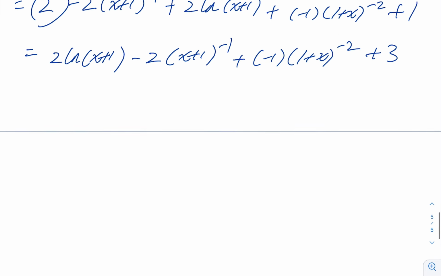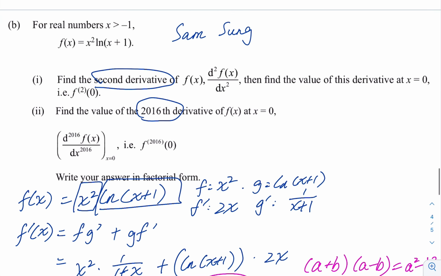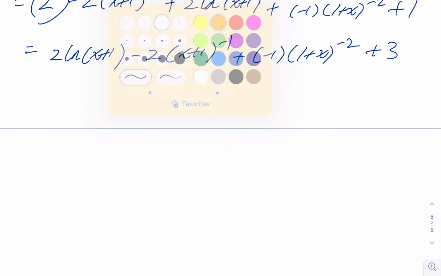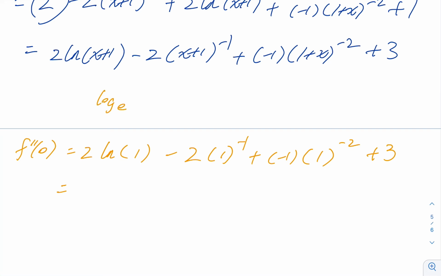Okay. So this is our second derivative, and remember the question, we need to find the value of this derivative at x equals 0. So when x equals 0, what is this going to be? It equals 2 ln 1 minus 2 over 1, plus minus 1 over 1 plus 3. ln 1 is log base e of 1, which equals 0, because e to the power of 0 is 1.